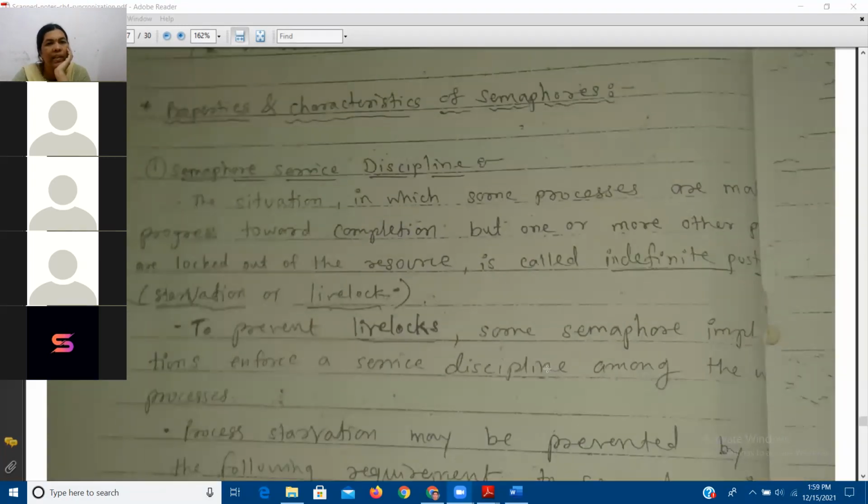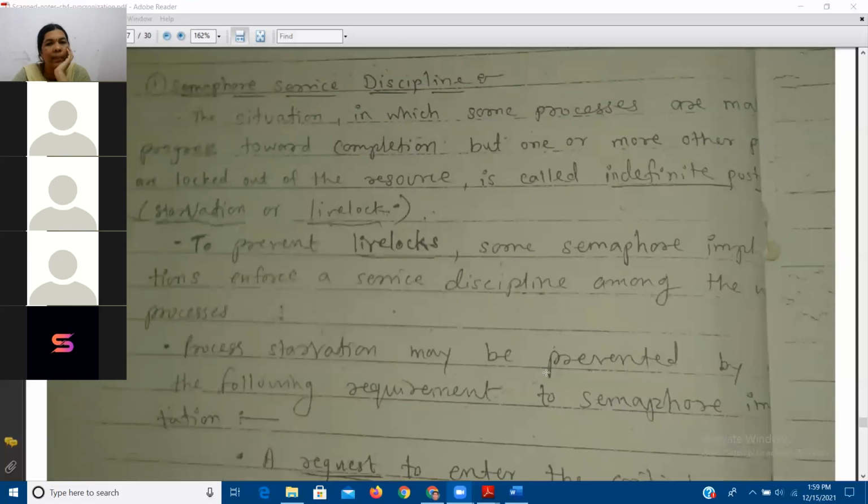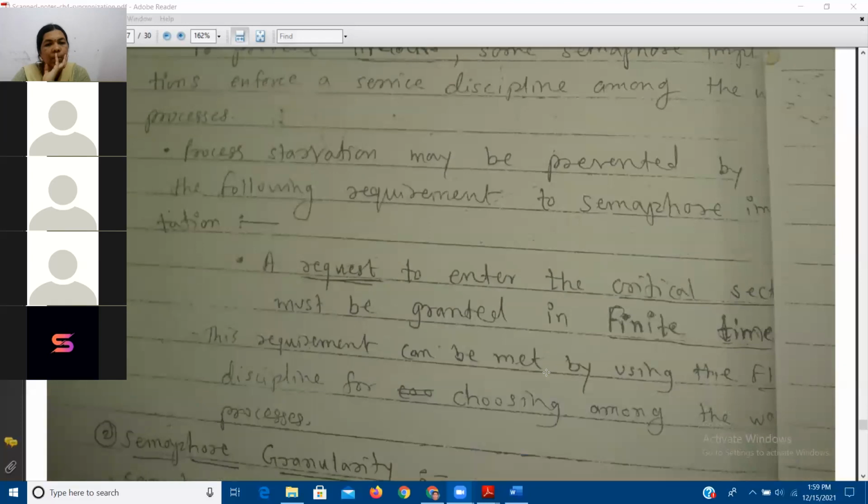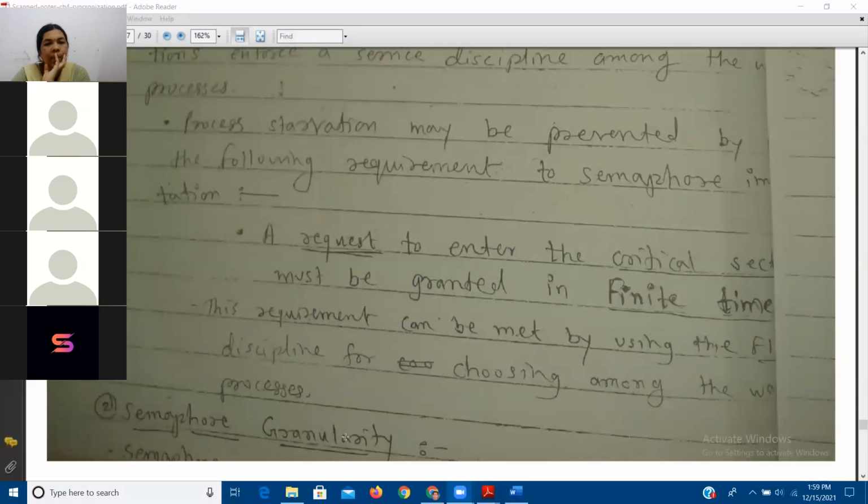Semaphore service discipline, this is the first property. And second property, semaphore granularity. In that, the first granularity type is finest, and the second one is coarse granularity.